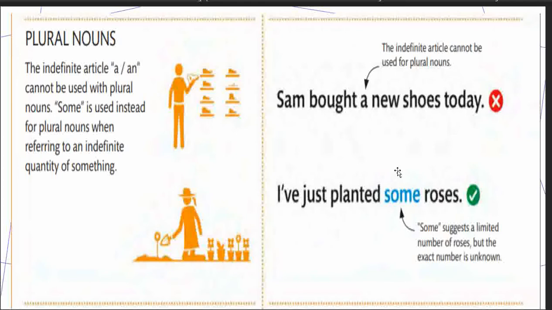When it is unknown, how to say? You cannot say a rose, or a roses, or an roses, or the roses, because you are not very sure. So you have to use some roses. Some suggests a limited number of roses, but the exact number is unknown. That means at the time of talking, you don't know the exact number. So you use the word some.